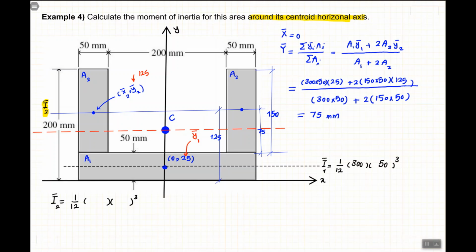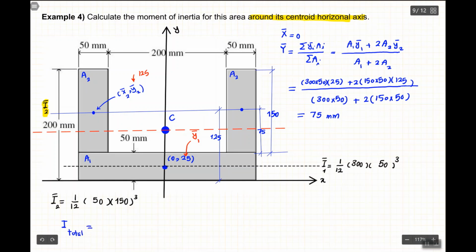So this one is 50 and this one is 150. Remember, A2 is the one whose width is 50 and height is 150, right? So that gives me I bar 2. All right. Now I need to calculate I total.